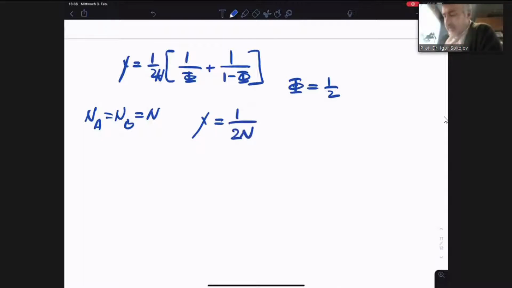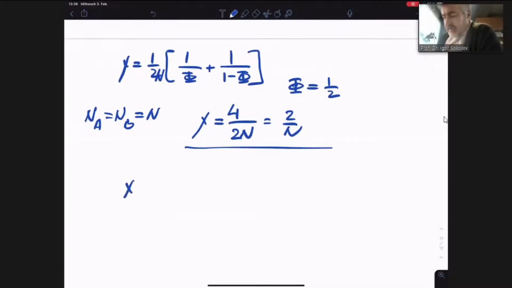And here I have 1/2, 2 plus 2, 4, which means 2 divided by N. And this is correct, because somehow I got afraid too early.